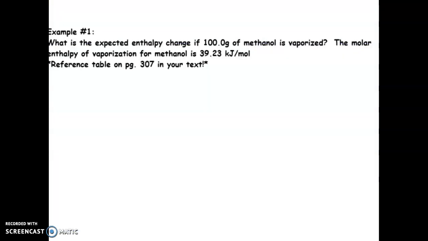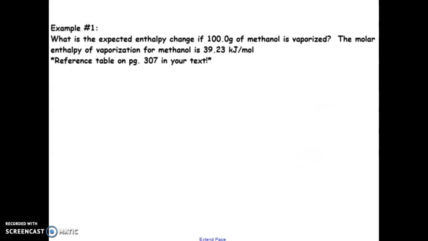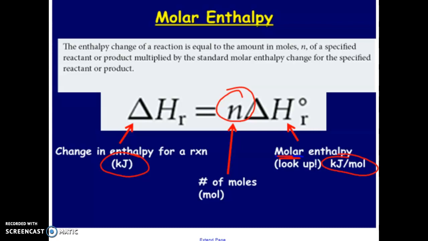All right, so let's take a look at an example calculation here. Actually, let me go back for a second to just remind you. A lot of the time, you can actually look up this delta H naught, the molar enthalpy values. They're found in your textbook.